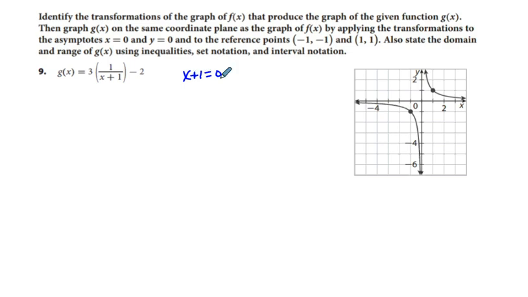And if we solve for x, x is equal to negative 1 is our vertical asymptote. So that's x equals negative 1. I just drew this vertical line there.